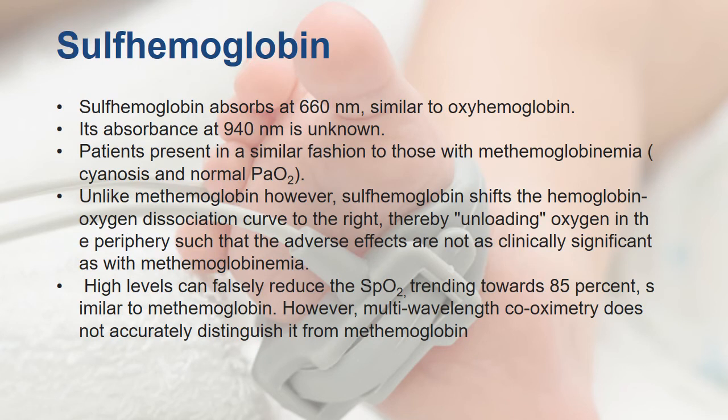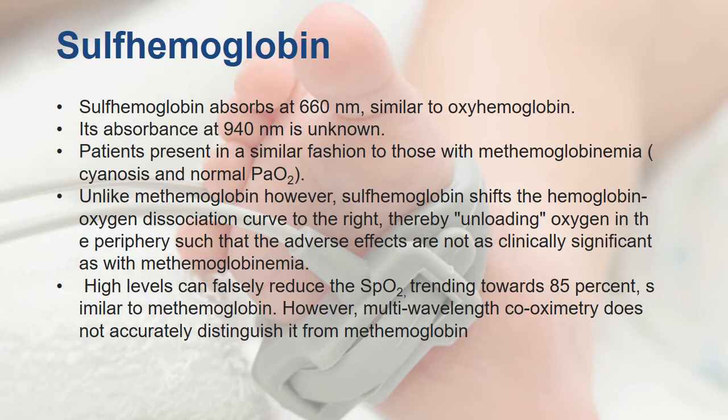Now we have sulfhemoglobin. Sulfhemoglobin absorbs the wavelength at 660 nanometers, just like oxyhemoglobin, but it does not absorb at 940 nanometers.